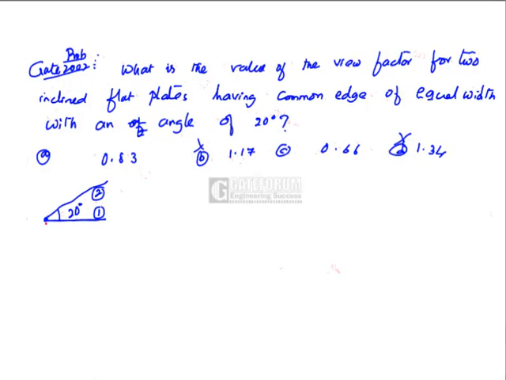Because the angle is very low, they have a considerably higher shape factor, that is A. For example, if you take two square plates kept like this of equal size, then the shape factor F12 is 0.2. That is for an inclination of 90 degrees. Here the inclination is only 20 degrees. They are very close to each other. Shape factor will be almost equal to 1, that is 0.83.